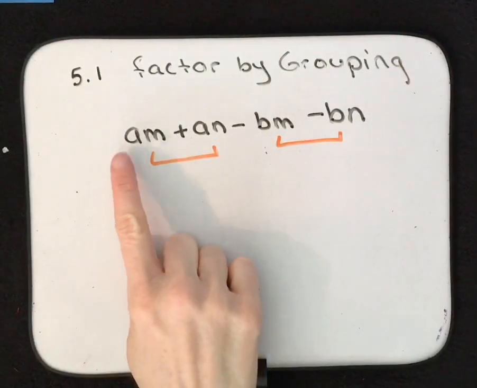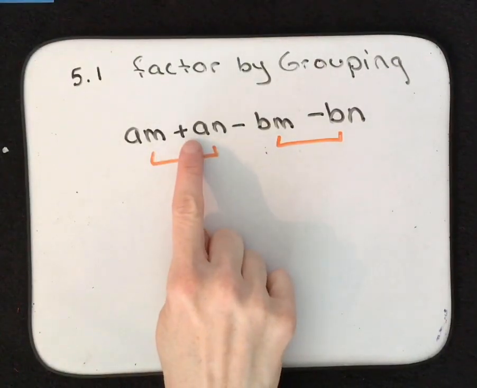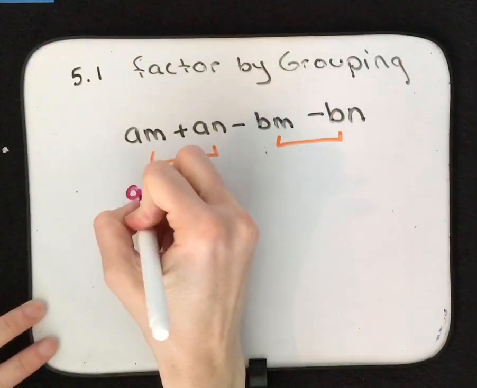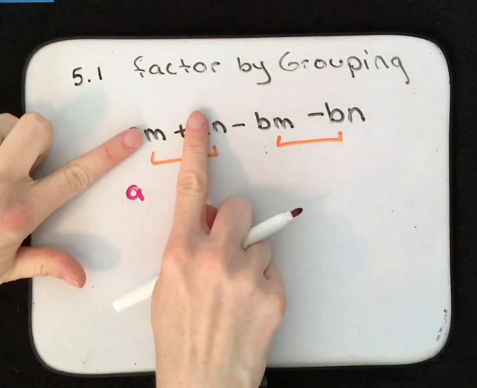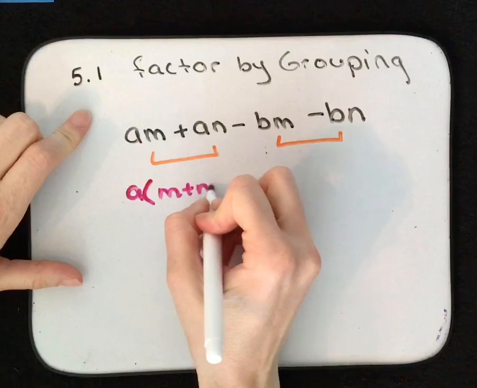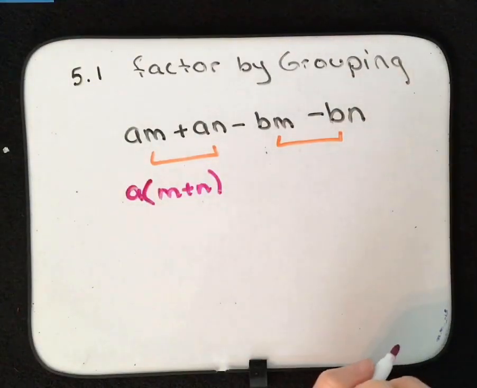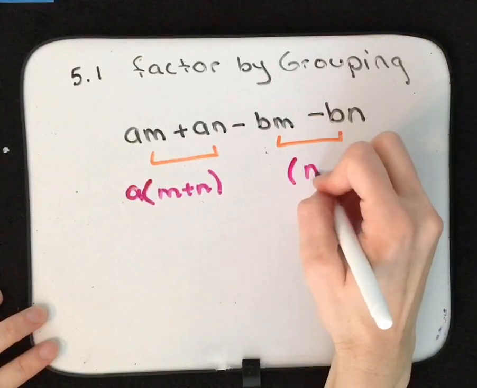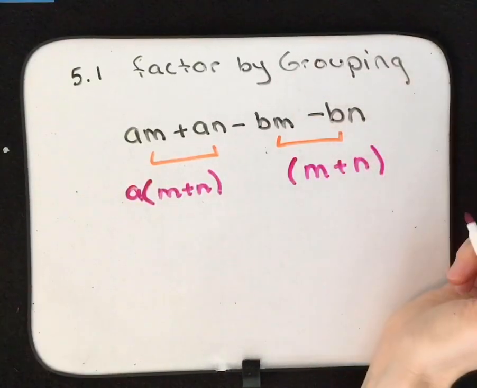What is in common between AM and AN? Hopefully you're noticing the A is in common. If I take an A out of both of these terms, I'm left with M plus N. Now when you're factoring by grouping, I'll give you a hint. What you have left over has to match what is left over in the second set of parentheses.